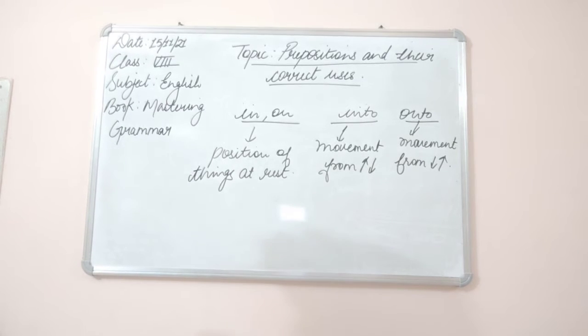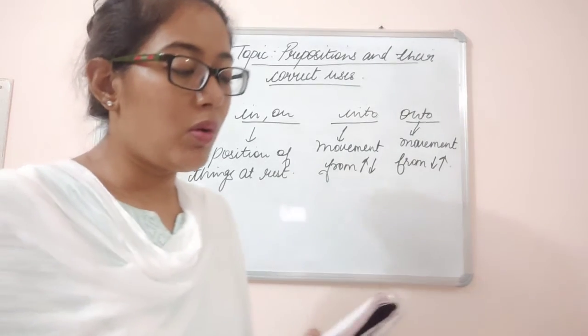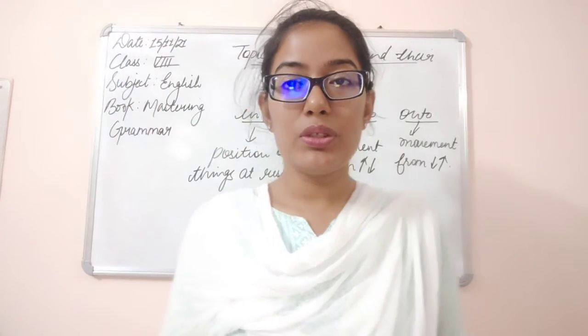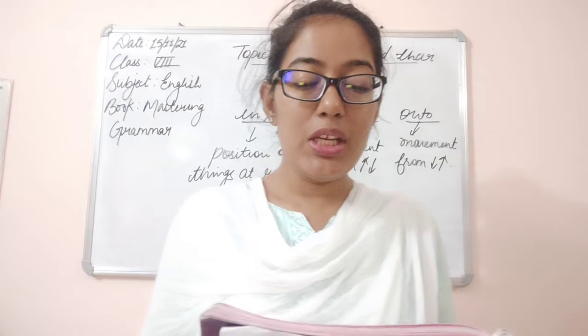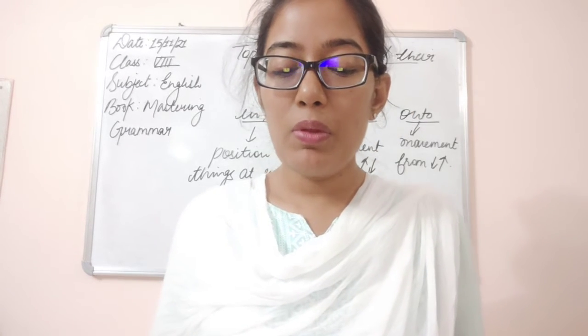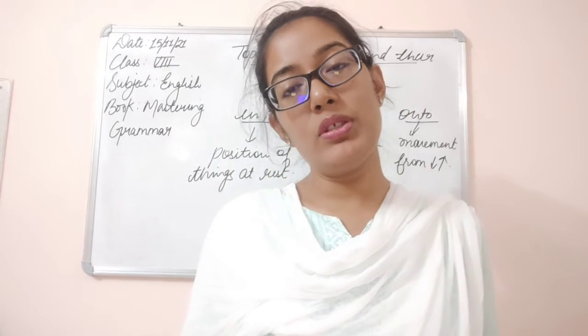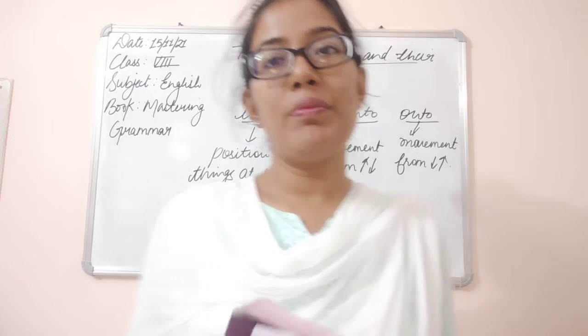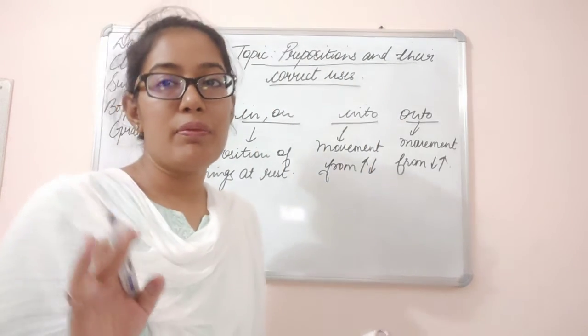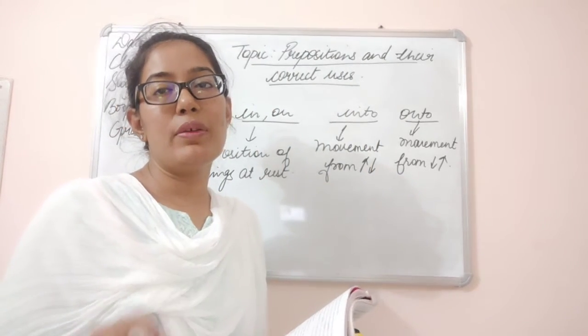I hope this is clear to all of you. Books are on the shelf. Okay, the books are on the shelf. She is putting the books from the bottom shelf onto the topmost shelf. Same thing: lower to higher level is onto, and higher to lower level is into.